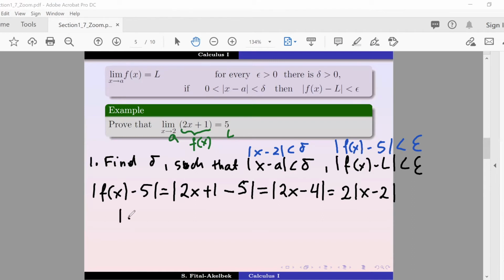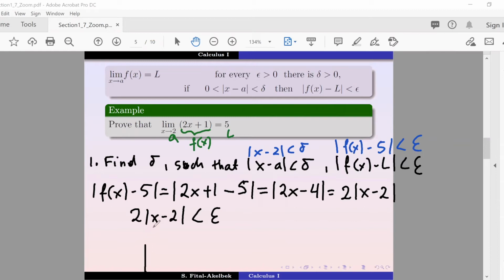I want to write it down: my f of x minus 5, which is 2 times absolute value x minus 2. This must be less than epsilon. Then we need to compare what delta would be. I divide both sides by 2.